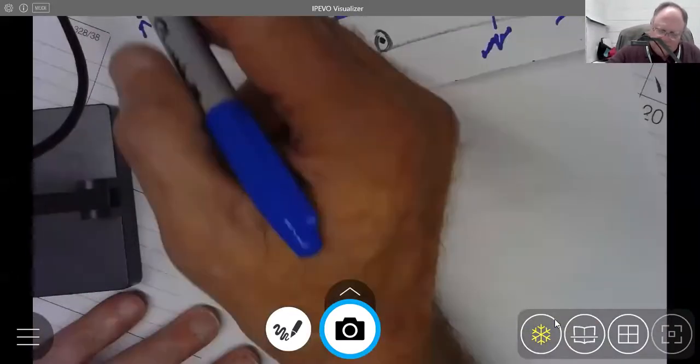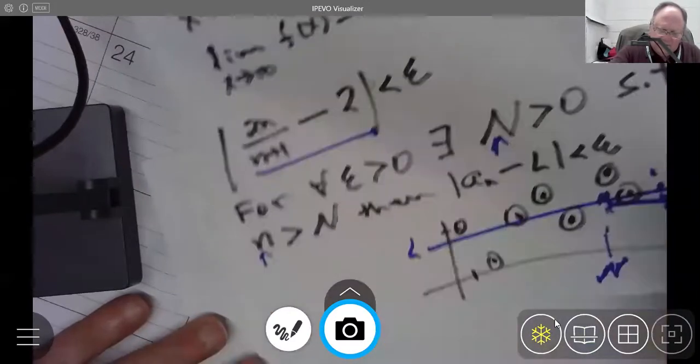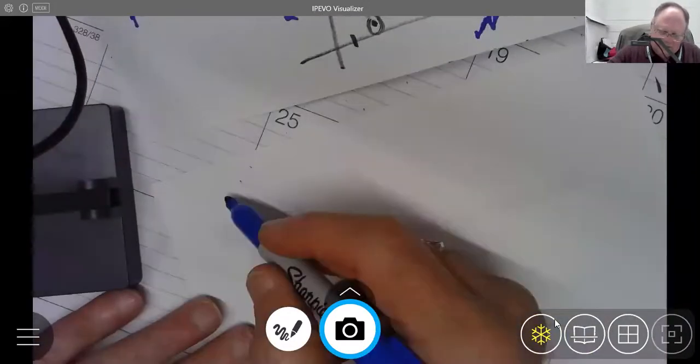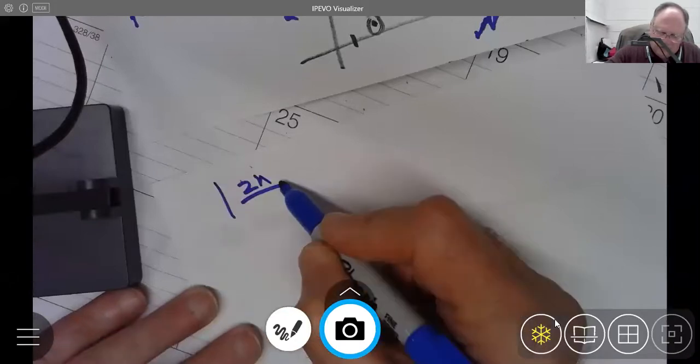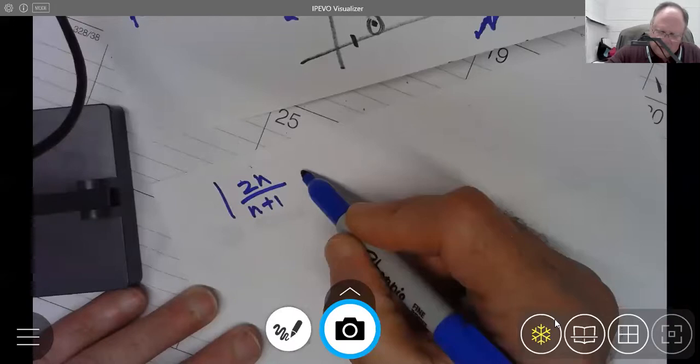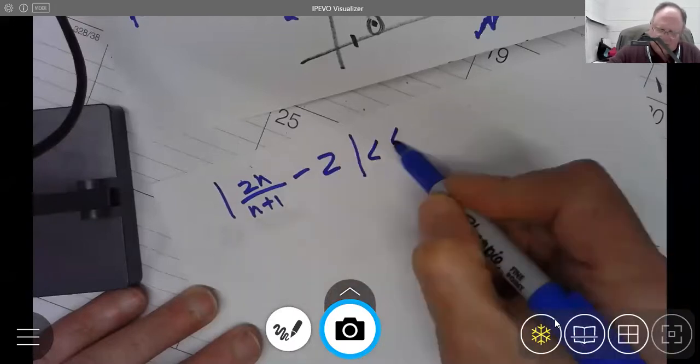So we need to take this and simplify it. Rewrite this as 2n over n plus 1 minus 2 is less than epsilon.